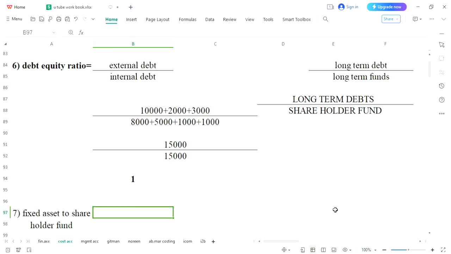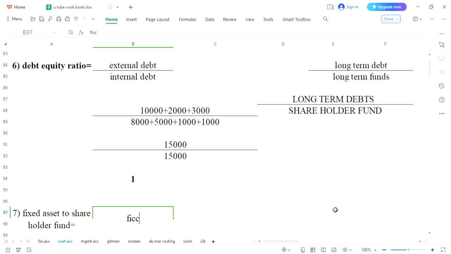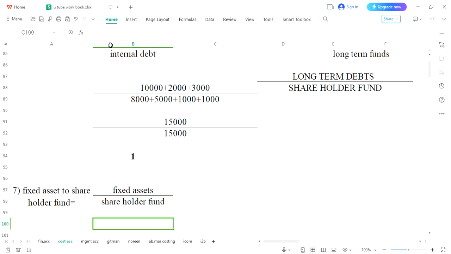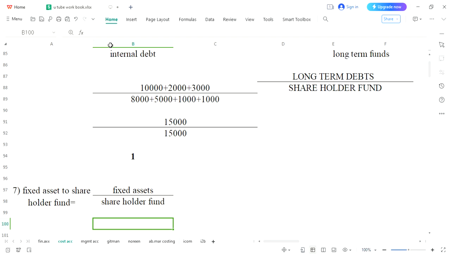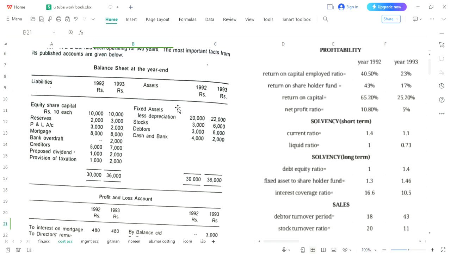Formula is very clear. Whatever is written in heading, same elements would be used in formula as well. We need our fixed assets and then you will divide it with shareholder fund, and shareholder fund we have already calculated. So first we will see how many assets are. What we are doing is fixed asset to shareholder fund, and this heading has been used.